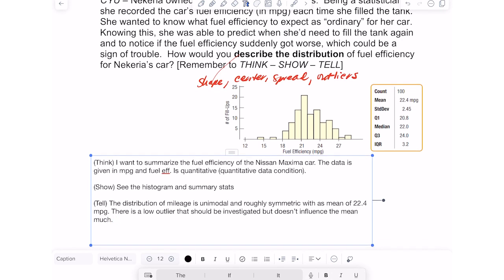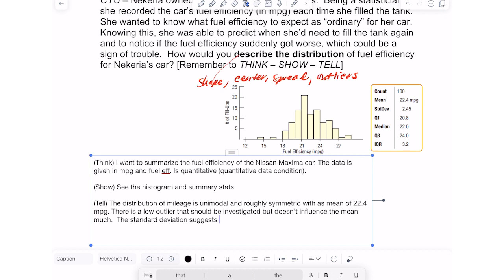Okay, what else? So I mentioned the mean, so I want to mention the standard deviation. The standard deviation suggests what? That you can expect the car's fuel economy to differ from the mean by an average of about 2.45 miles per gallon, which is small. So that means that typically the miles per gallon or fuel efficiency that the car gets doesn't vary much each time she uses it.